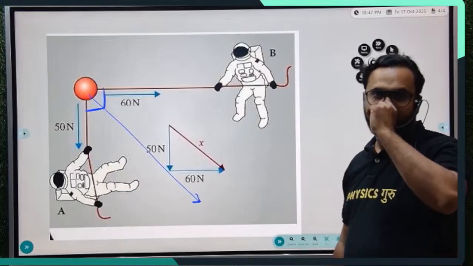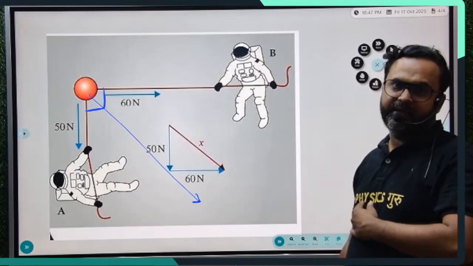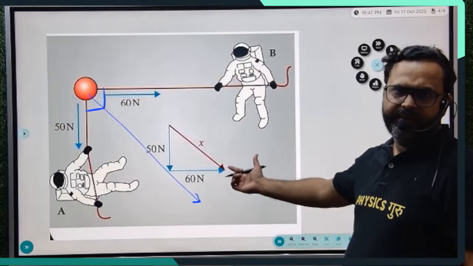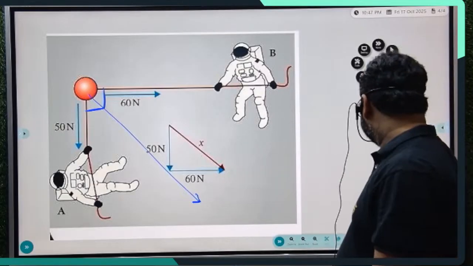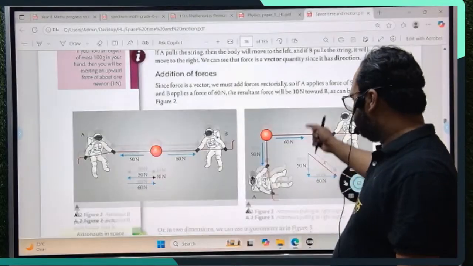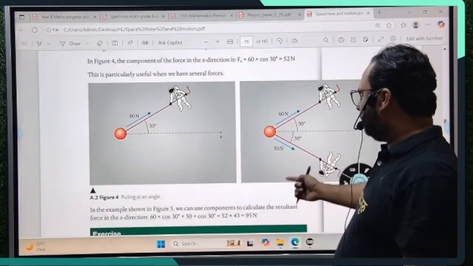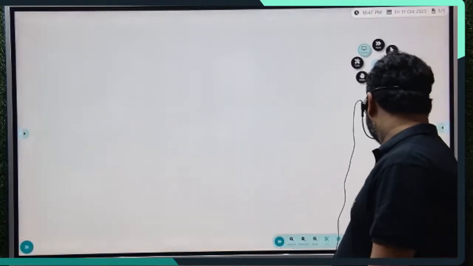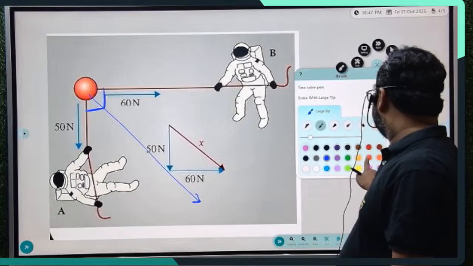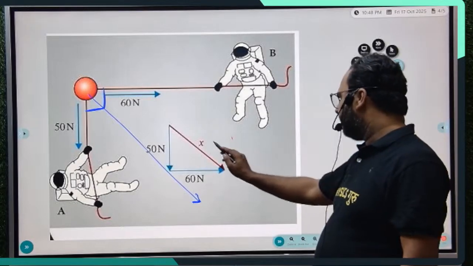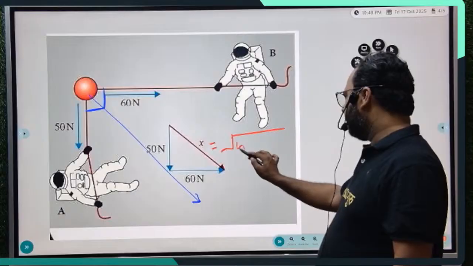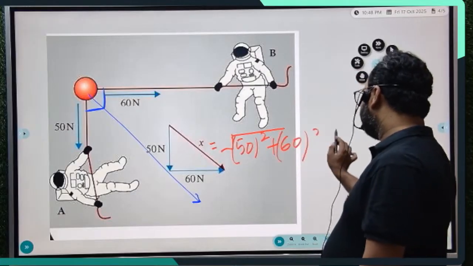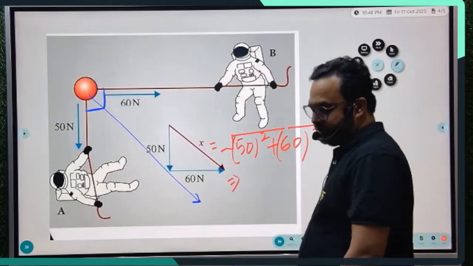Now you can easily find the resultant using Pythagoras. There is no issue at all. Root of 50 square plus 60 square. Solve and tell me the answer.